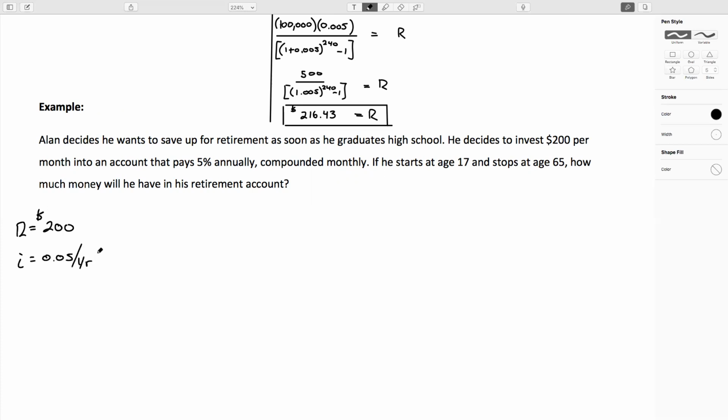We have to then divide that by 12, which of course doesn't work out nicely. This is probably one that might be more accurate to do all in one shot, but let's just say 0.004167. It keeps going, it's irrational, but that's fine. This will be close per month.